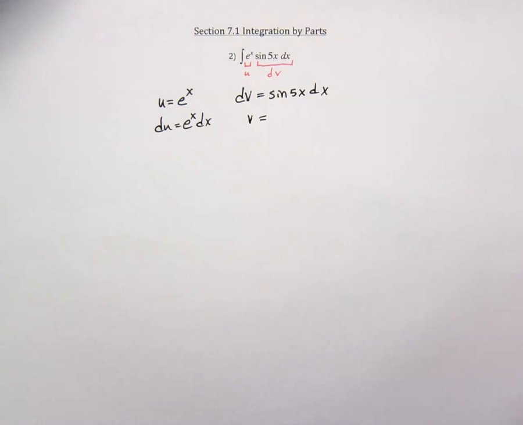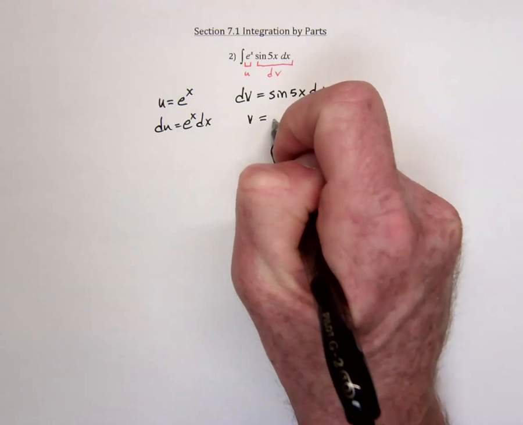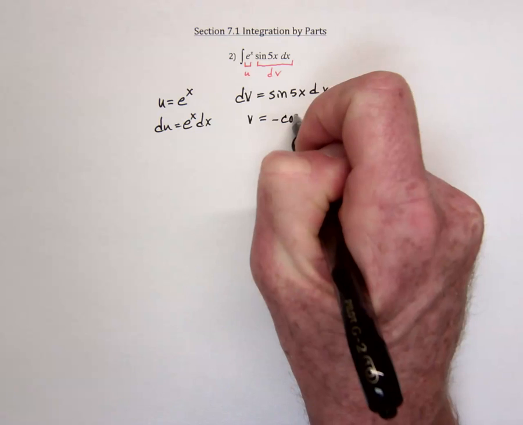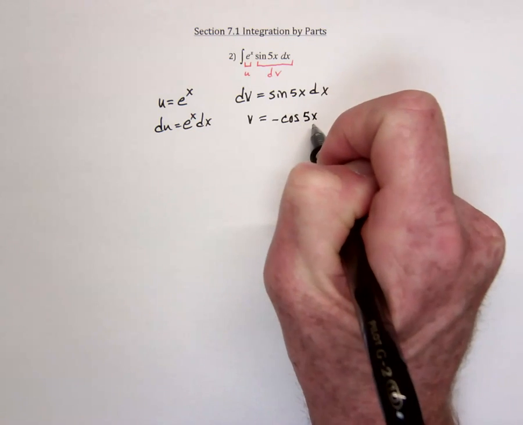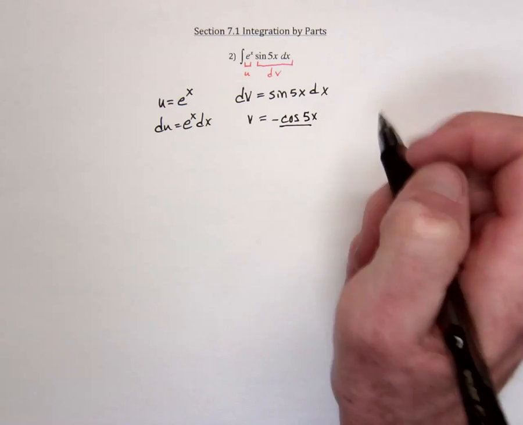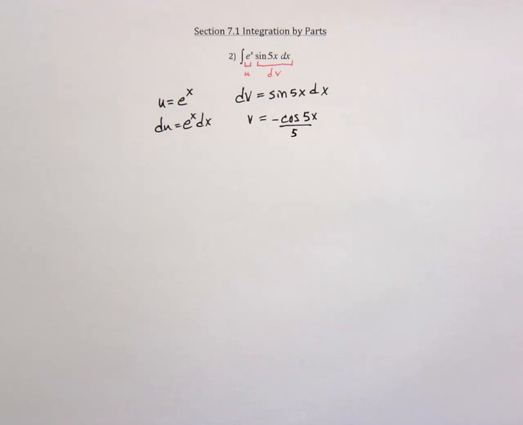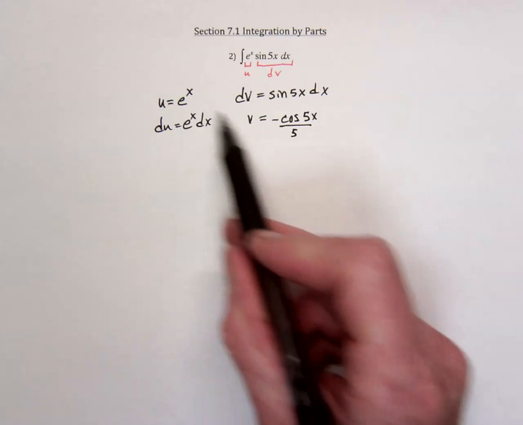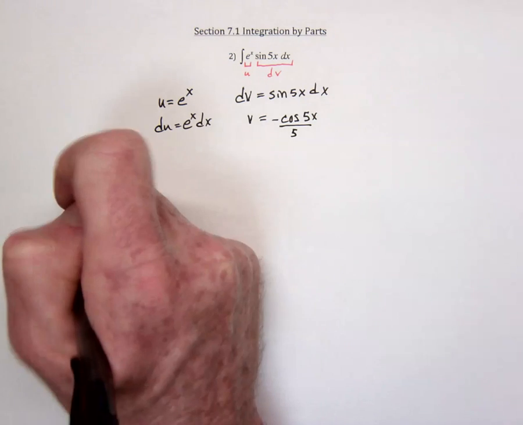And then find the antiderivative of that, which is going to be negative cosine of 5x. Don't forget the chain rule. We'll need to divide by 5.